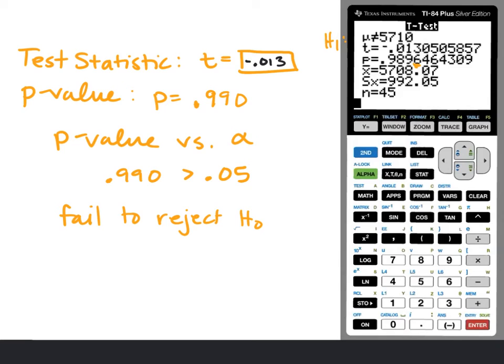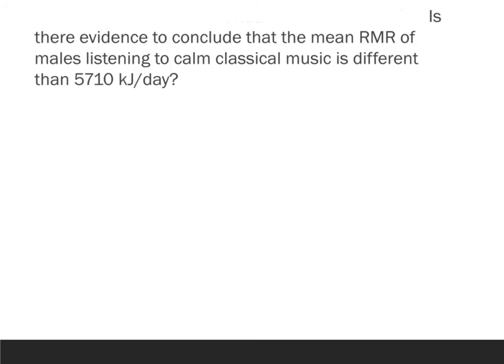For my conclusion, I'm going to go to the next page just so I have a little bit of room to write it out. All right, so one thing that I want to do is to remember what my question was. And so here we go, just copied from the beginning page. Is there evidence to conclude that the mean resting metabolic rate of males listening to calm classical music is different than 5,710 kilojoules per day? So we had insufficient evidence.